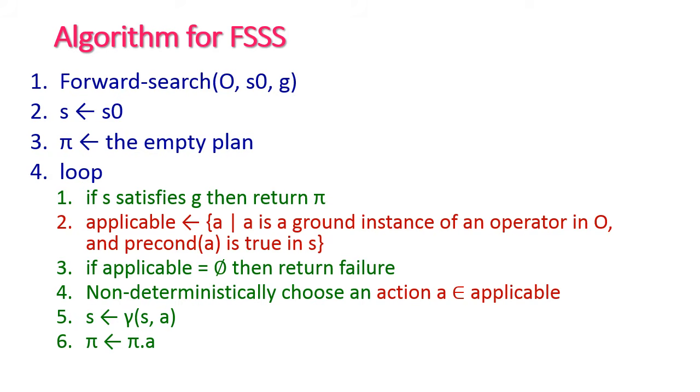Otherwise, we have to select an applicable action, that is, applicable set of A such that A is a ground instance of an operator in O. Operator is nothing but an action, and it satisfies the precondition of A, which is true in the current state. Then only we can choose the applicable action. If no applicable action is found, then we return failure. Otherwise, we select the applicable action, the new state becomes the current state, and the corresponding action is appended to the action list pi.